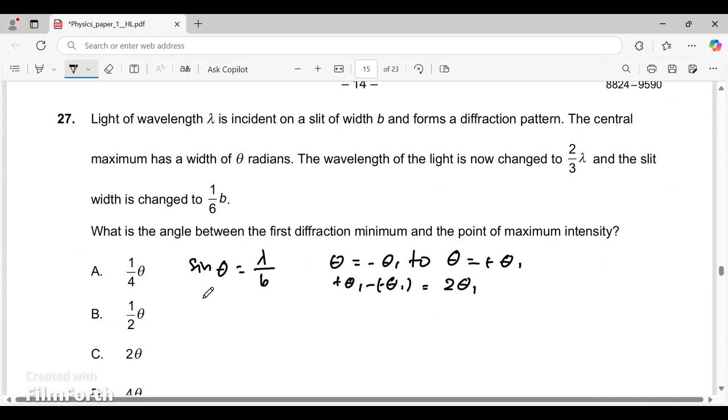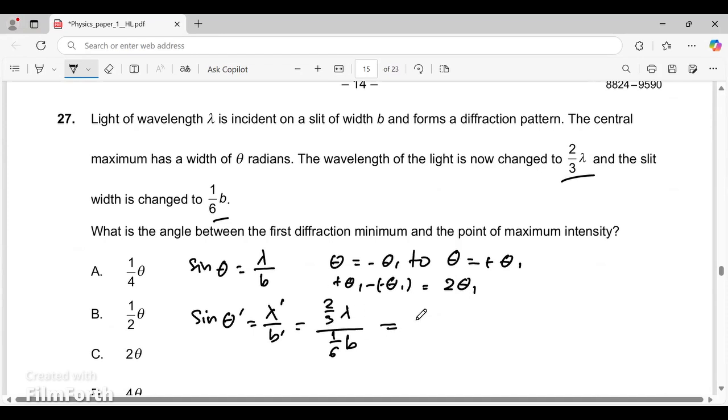Then if sine theta equals lambda over b, it means sine theta new equals lambda new over b new. And according to this information, lambda new equals 2/3 lambda and b new is changed to 1/6 b.